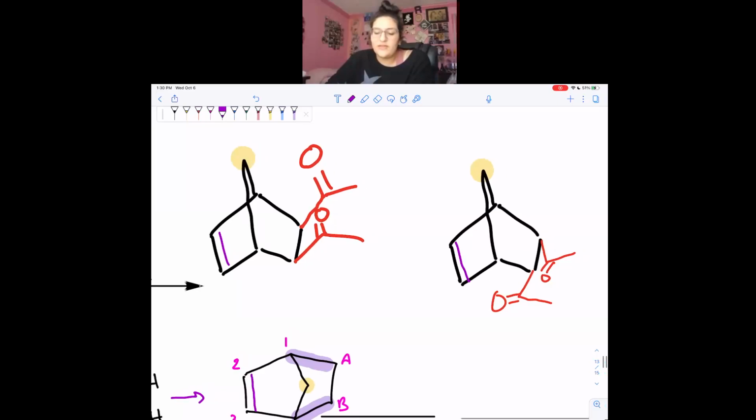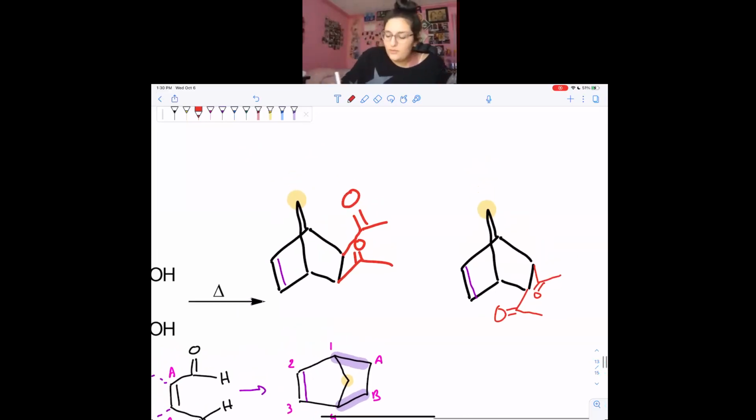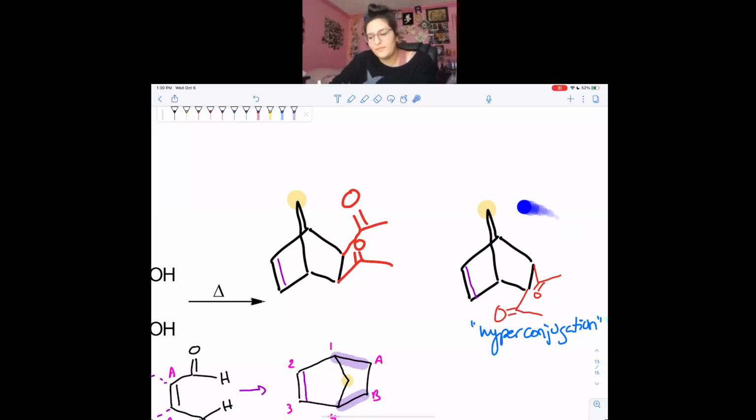So through something called hyperconjugation, which you supposedly learned in Orgo 1, but I know almost nobody remembers it, we can say that these two oxygens are able to interact with this double bond. So through hyperconjugation, we're able to stabilize this ring because this oxygen and this oxygen interact with this double bond.